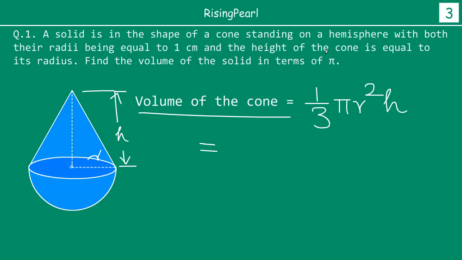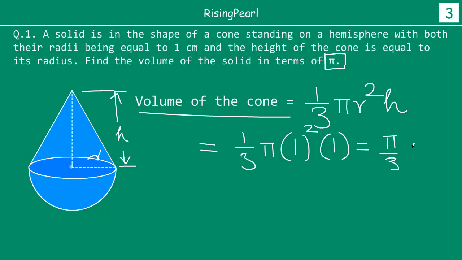Keep in mind we have to find the answer in terms of pi, so we will not replace pi with 22 by 7 or 3.14. So it will be 1/3 pi, r is 1 square and height is 1. So 1 times 1 is 1, and it will be pi by 3 centimeter cube. This is the volume of the cone.